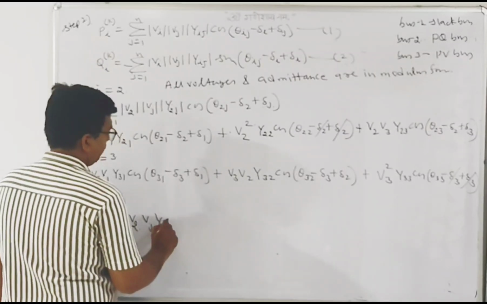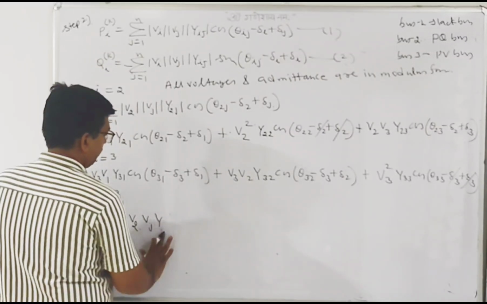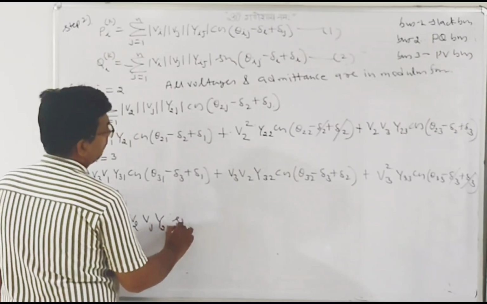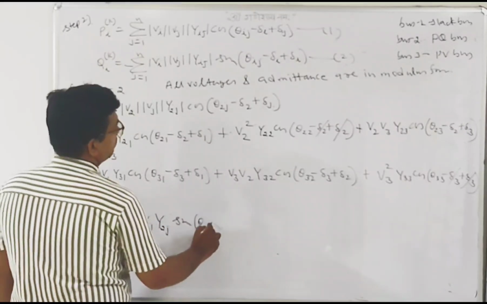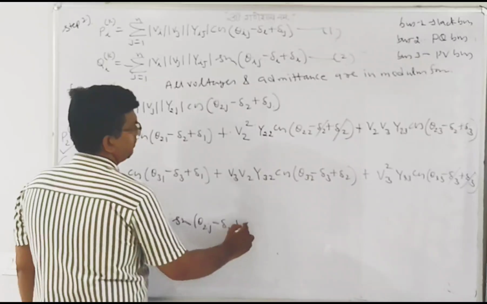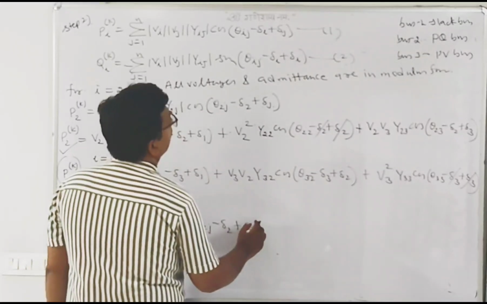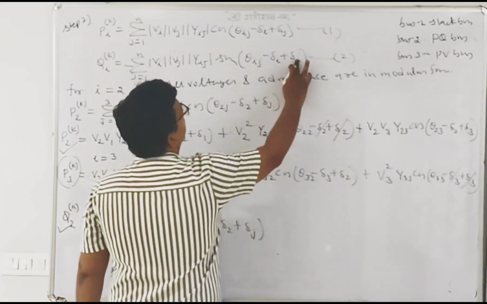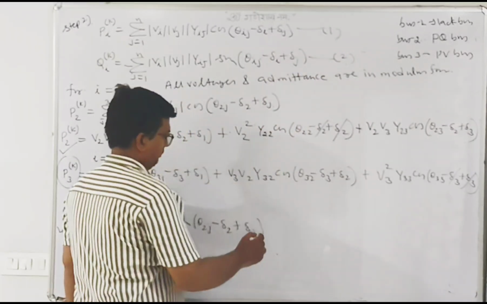So V2 Vj Y2j sine of (theta 2j minus delta 2 plus delta j). This is not i, this is j.